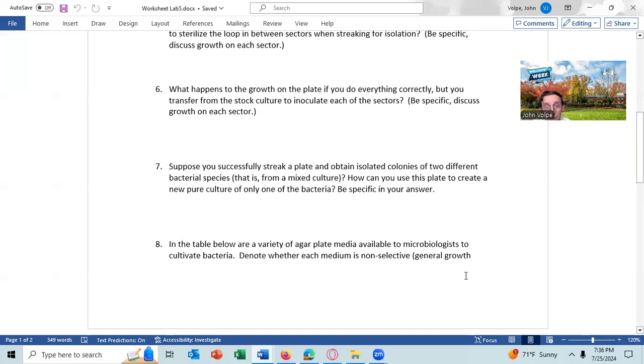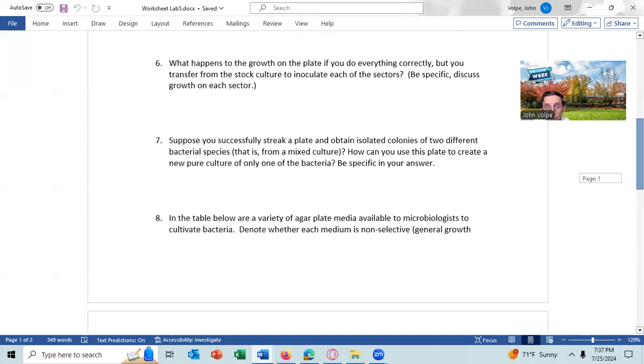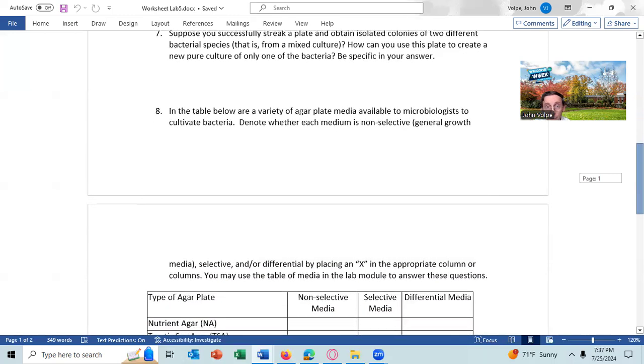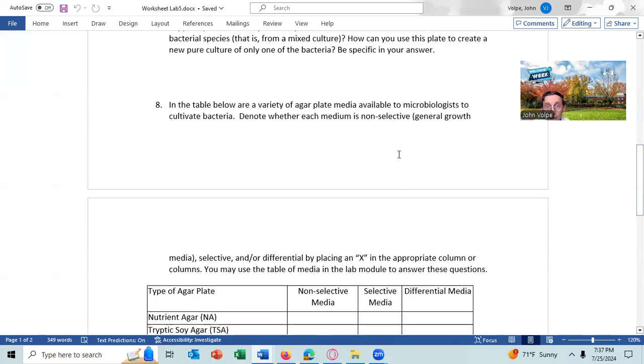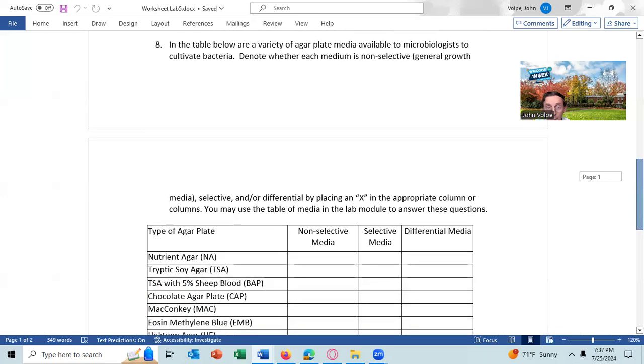And then 8, in the table below are a variety of agar plate media available to microbiologists to cultivate bacteria. Denote whether each medium is non-selective or general purpose media, selective media, or differential media by placing an X in the appropriate column or columns, meaning some of them you will put an X in more than one column.